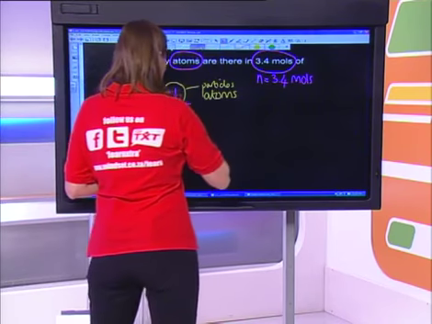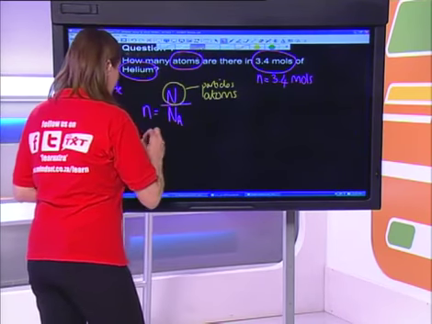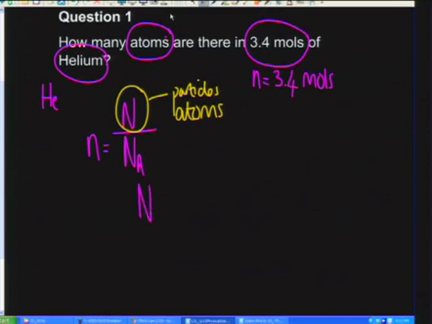So immediately I'm going to rearrange this, and we're left with number of moles. When I take Avogadro's number to the other side, I'm going to need to multiply, so times N_A, with a little subscript A.